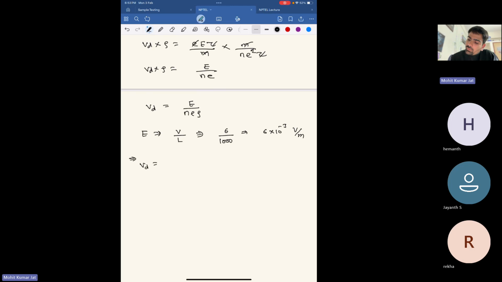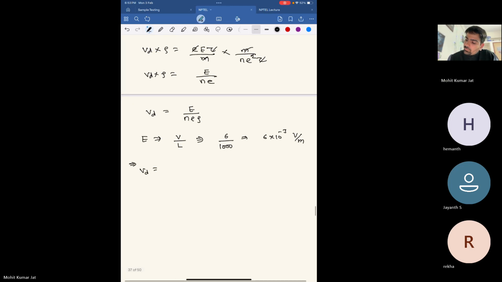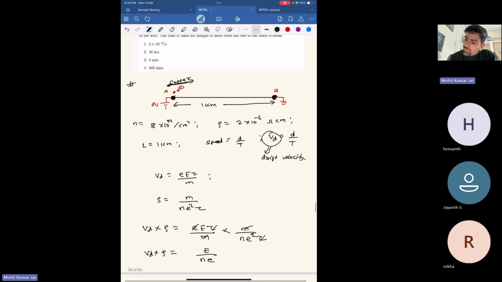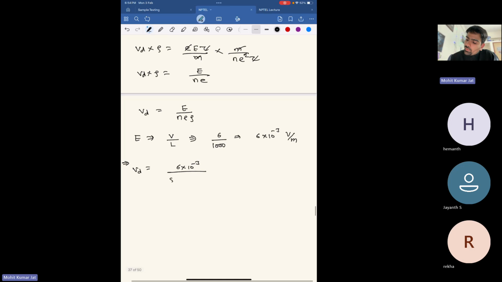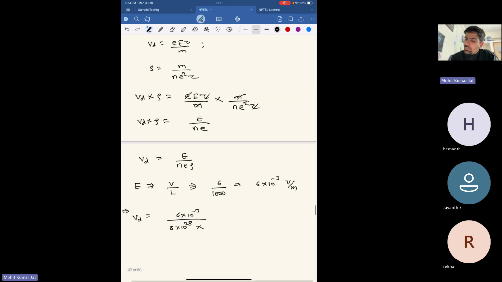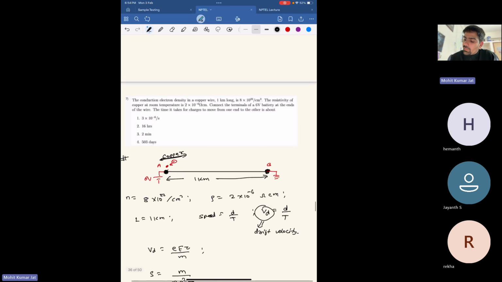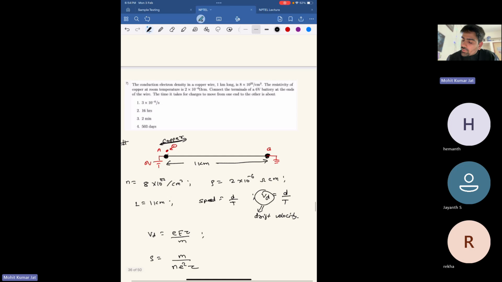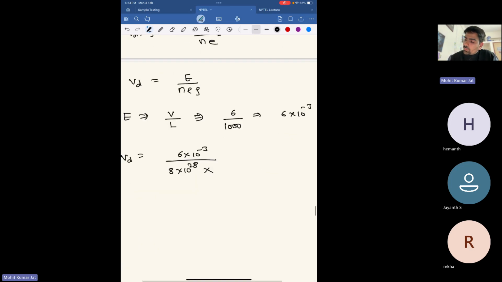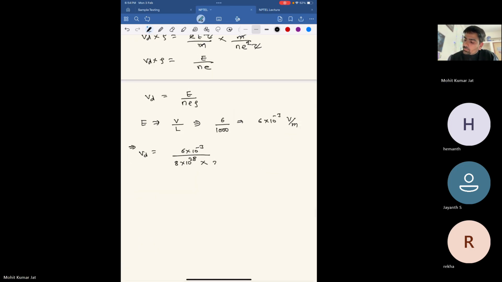Vd will be 6 into 10 power minus 3 divided by the carrier density, which is 8 into 10 power 28 in meter cube. I have to see the dimensions also. And then the resistivity is 2 into 10 power minus 6 ohm centimeter, so I'll have to convert it into meter, so minus 8.